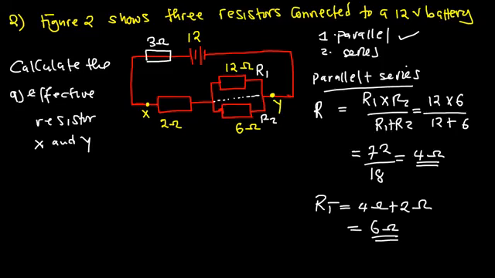We are looking at the whole thing. So like I said, you find the parallel, then add the series. This time around, you are not just going to add 6 ohms, you are also going to add 3 ohms. And therefore, our total resistance would have been 13 ohms. So that is how you look at it.